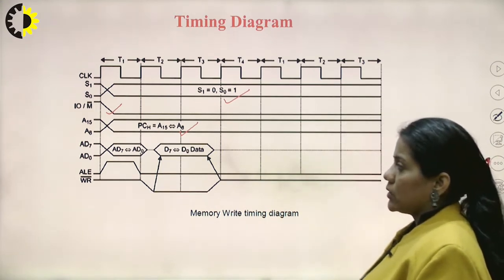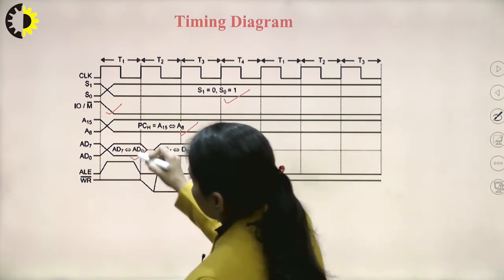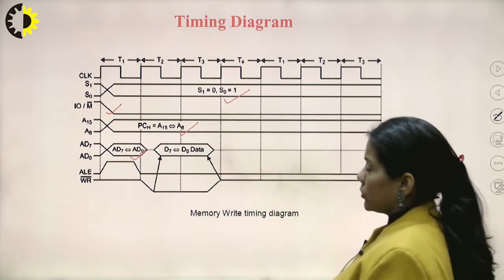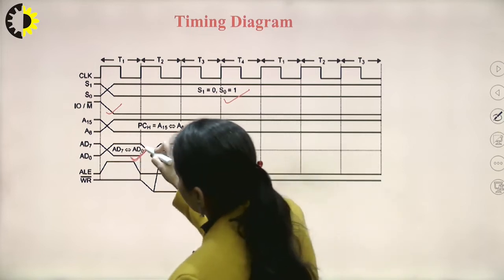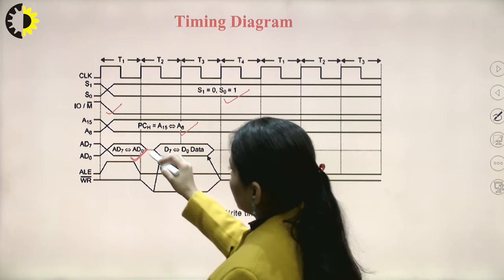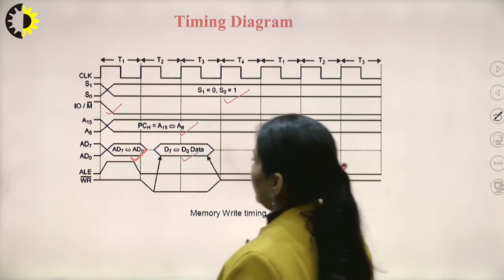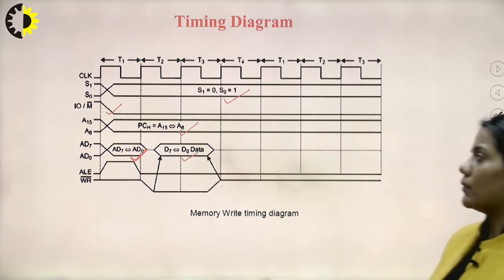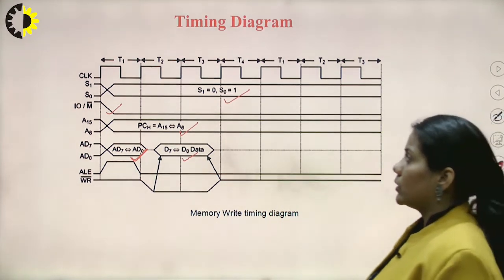AD0 to AD7 is used to latch the lower order address during the T1 state, and these same lines are used to carry the lower order data during the T2 state.